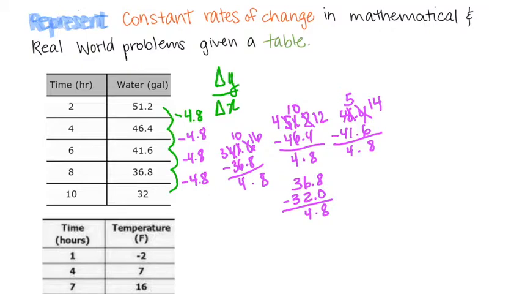All right, so what we have found is that there is a constant rate of change here of -4 and 8/10. So I'm going to write that next to my change of y.